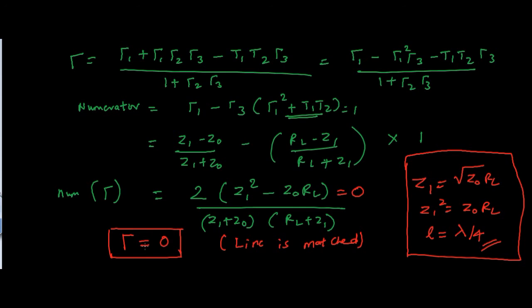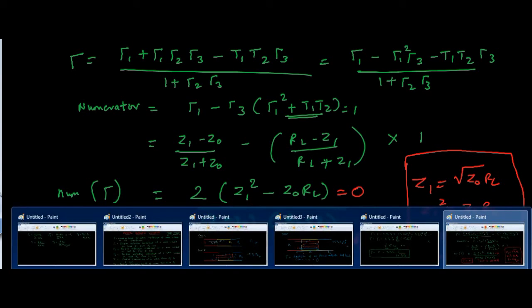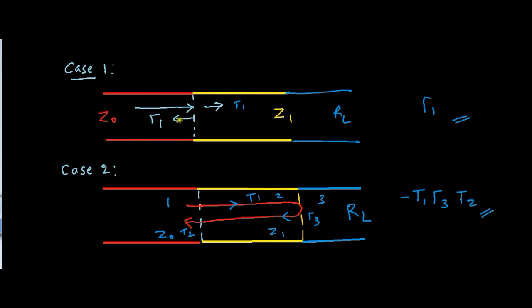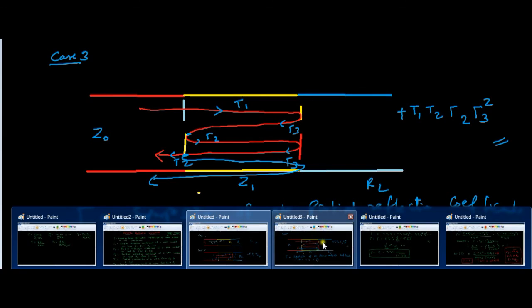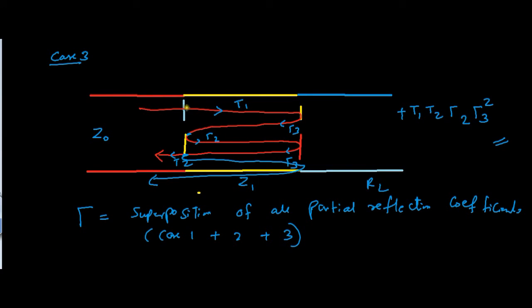Okay, so choosing that is very important. So I hope now you understand that in quarter wave transformer, superposition of all partial reflections add to 0, and hence the line will be matched. Okay, so let's see the circuit. So in quarter wave transformer, there will be reflections at interface 1 and interface 2.